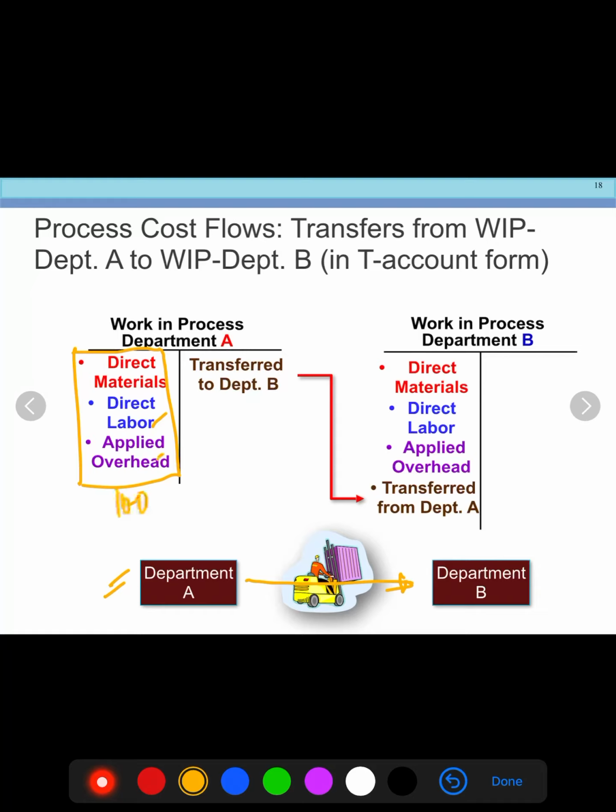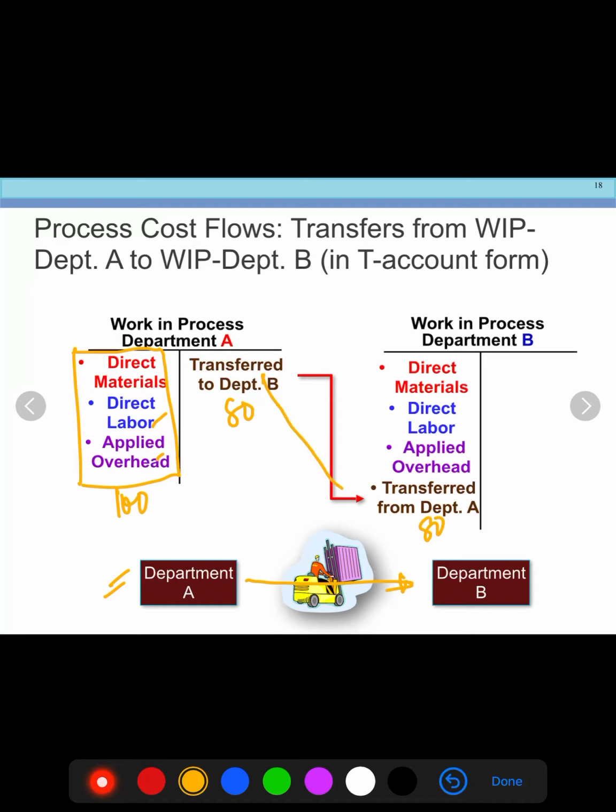Kung matapos yan lahat, therefore 100 din yung ita-transfer mo sa Department B. Okay, but let us say 80 yung tinransfer mo. So 80 will be transferred here.